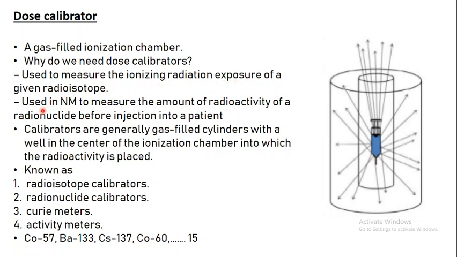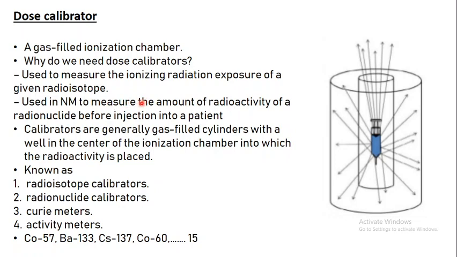Another important use of a dose calibrator in nuclear medicine is to measure the amount of radioactivity of a radionuclide before injection into the patient. It is very important to inject radioactivity into the patient's body only after calibration.